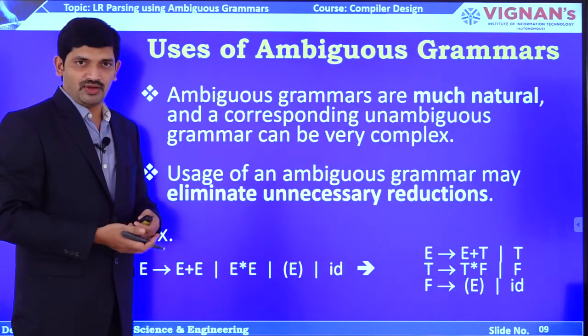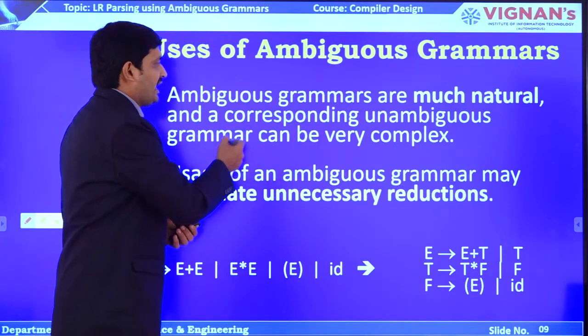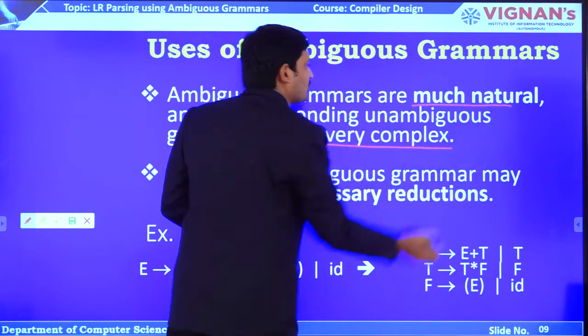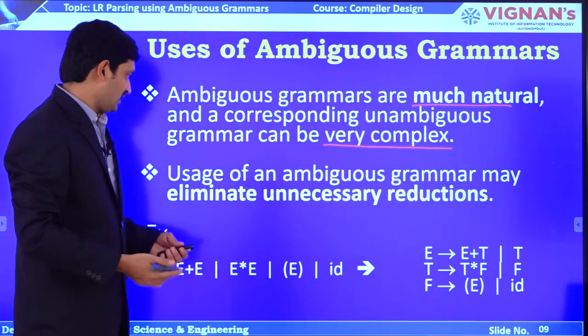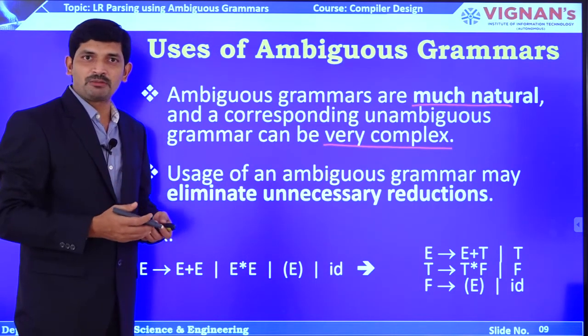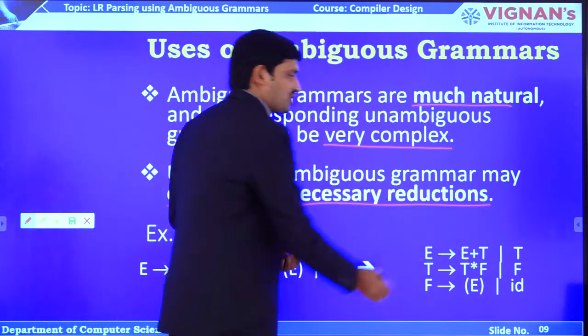What are the uses of ambiguous grammars? Ambiguous grammars are more natural and not very complex, so they are very easy to understand. Ambiguous grammars consist of very few productions, and they may eliminate unnecessary reductions.